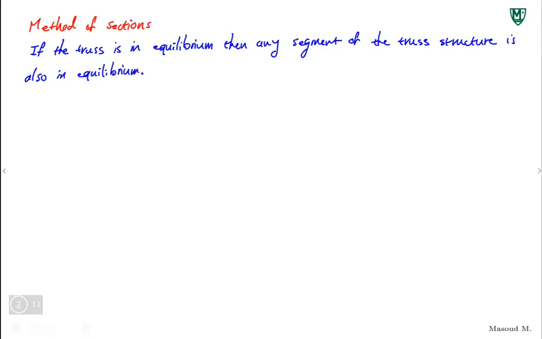That we know. This is something we're sure about. Now, as I said, we can make a cut or section and then expose each internal force in the truss, in those members that we cut through.